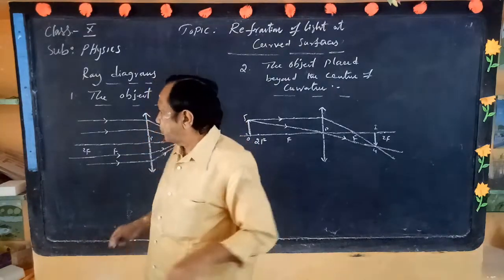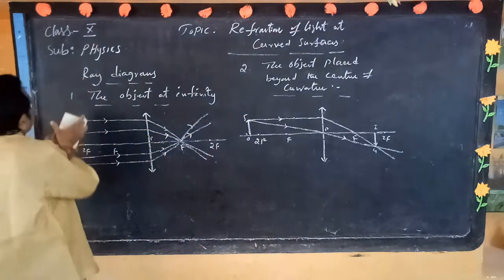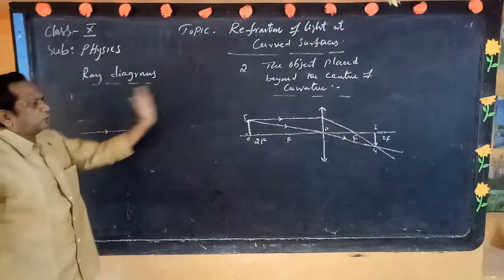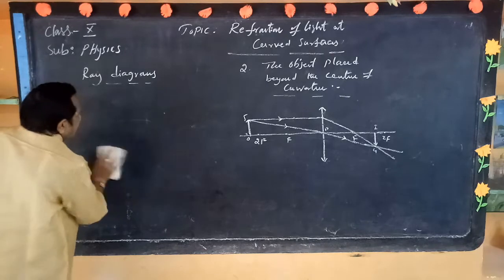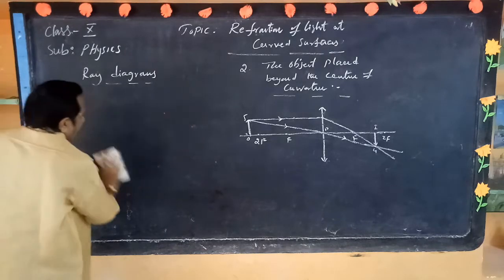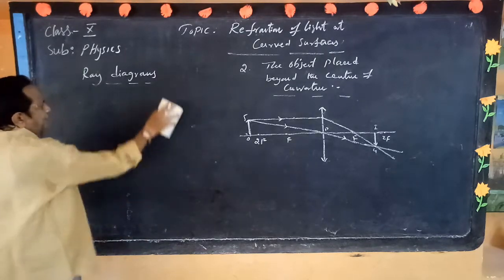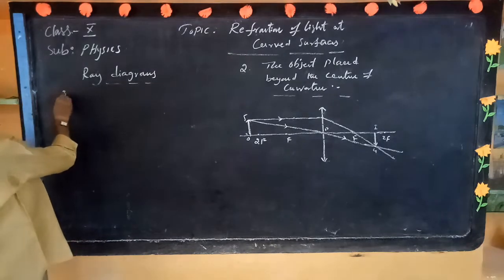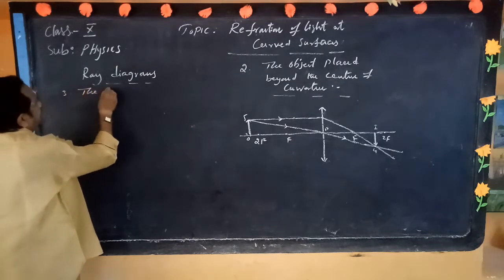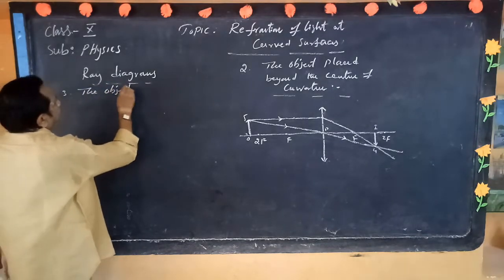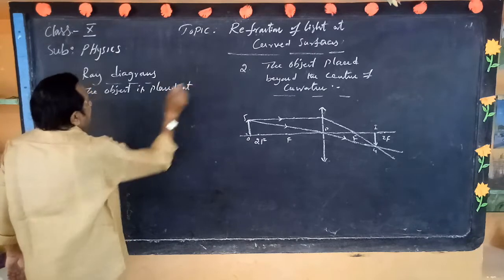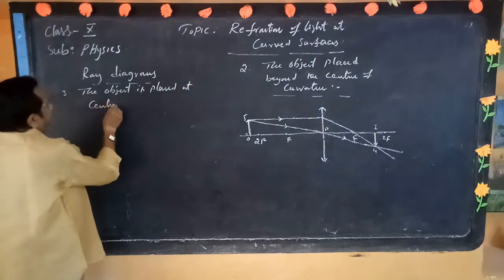Okay, now we place the object at the center of curvature, moving it towards the lens, and we get this diagram. Remember that, or the object can come from far away from the lens, whichever condition is considered. Here the object is placed at the center of curvature.